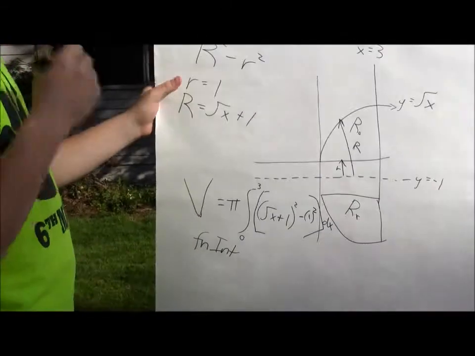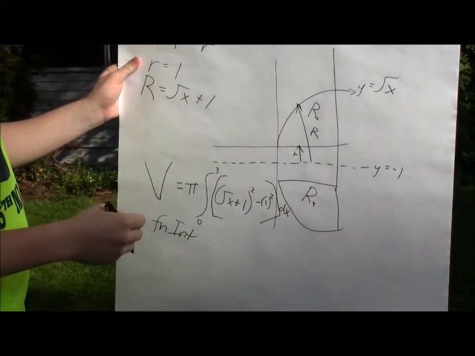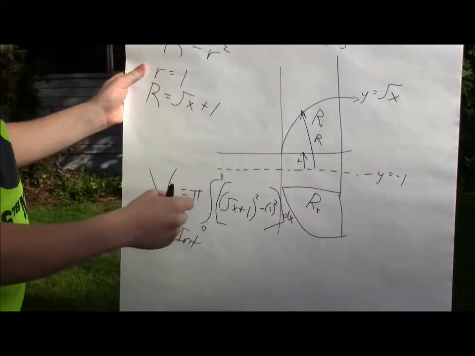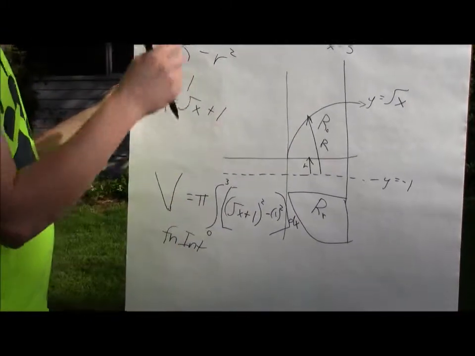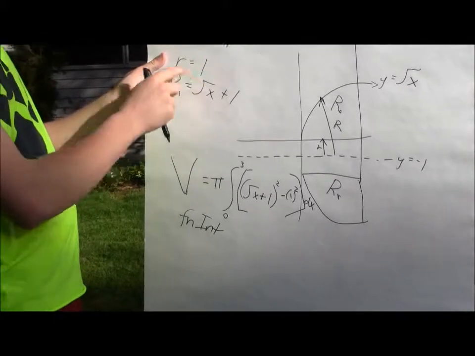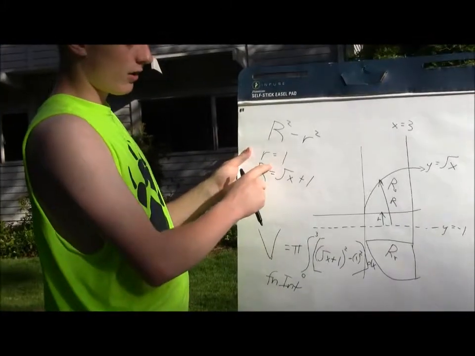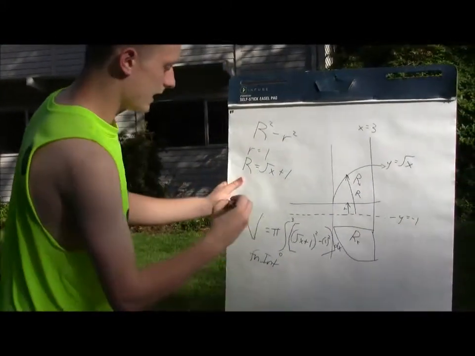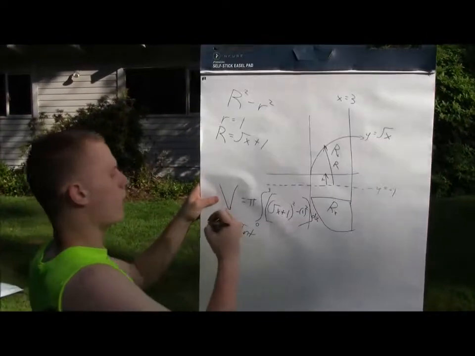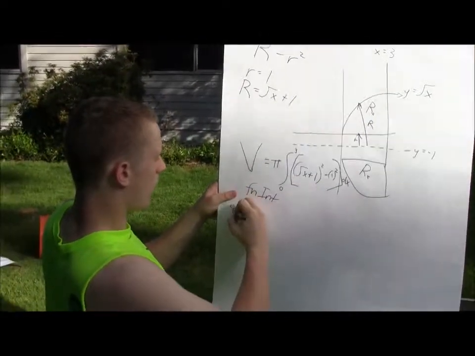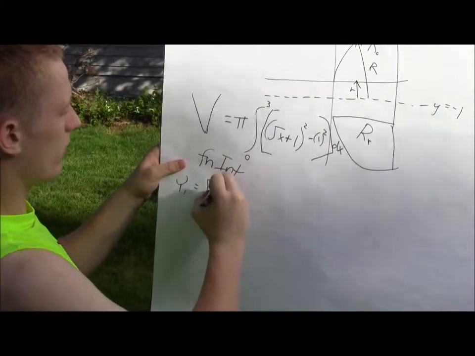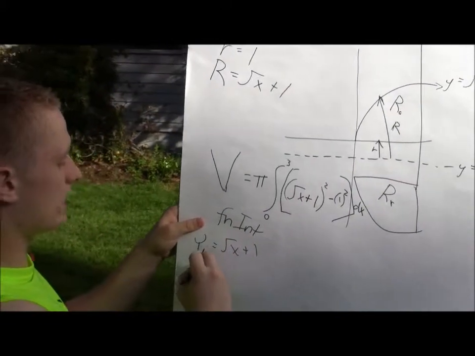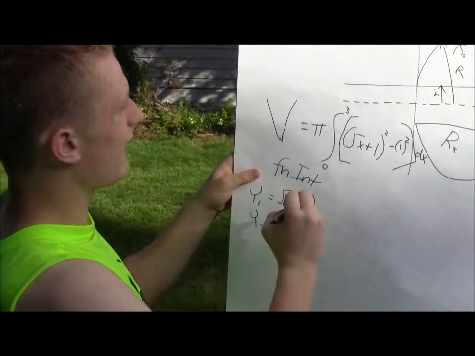Now, what you might want to do is call y1 your big R value, and y2 your small r value. So let's say on a calculator y1 will equal square root of x plus 1, and then in the next one down, y2, we'll call that 1.